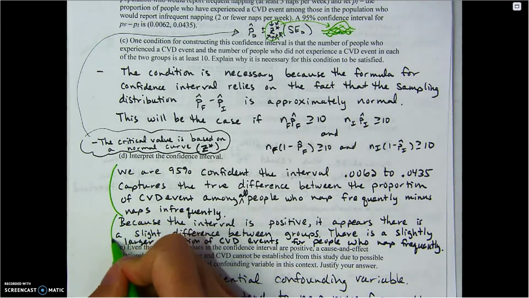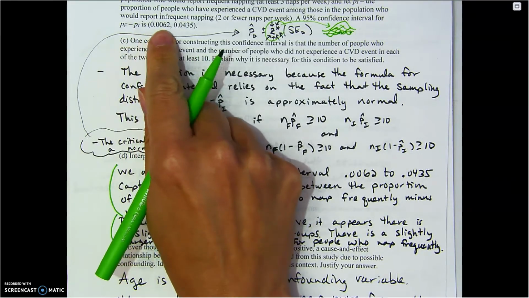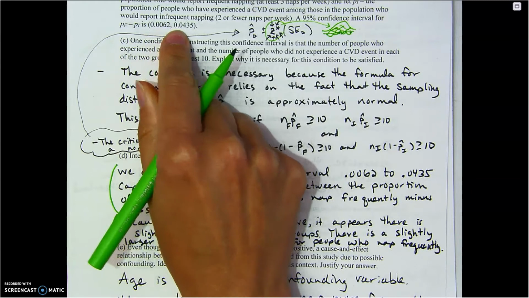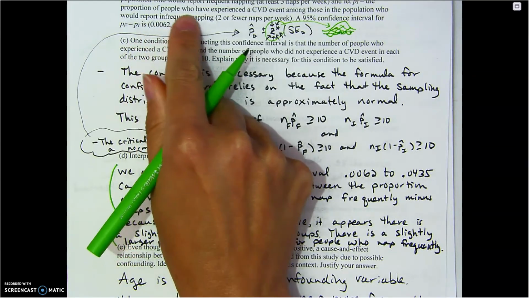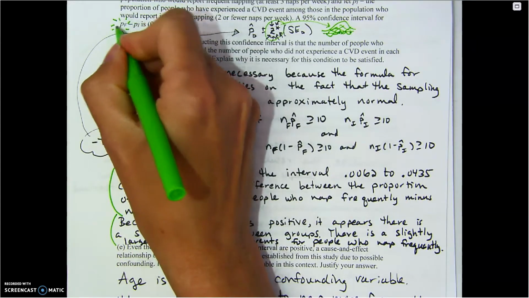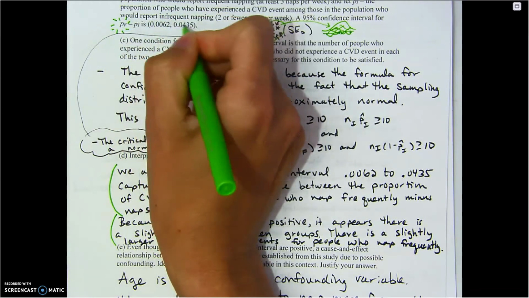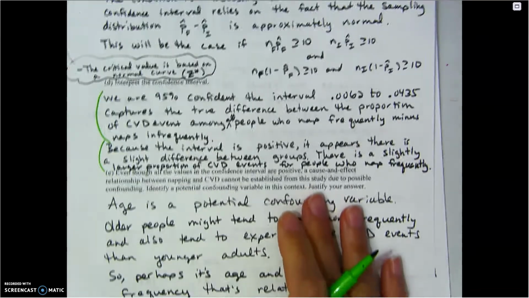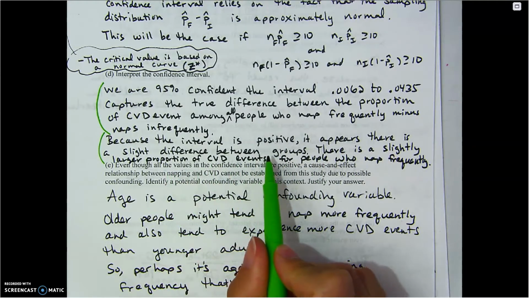I'm going to go a little bit farther, though, because this is a difference between two. And notice 0 is not captured and negative numbers are not captured. So if your interval is entirely positive, that means napping frequently is going to have a larger proportion. Because the interval is positive, it appears there is a slight difference between the groups.